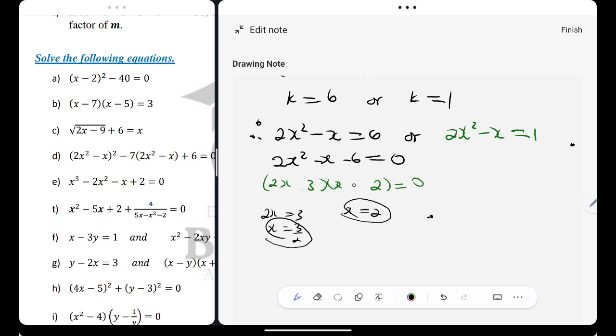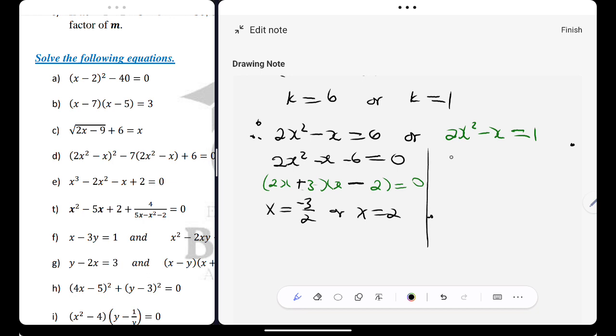Since this bracket will give me a greater answer, it will win the sign of the middle term. It will go here, the other one will come here. And then x is equal to negative 3 over 2, or x is 2.